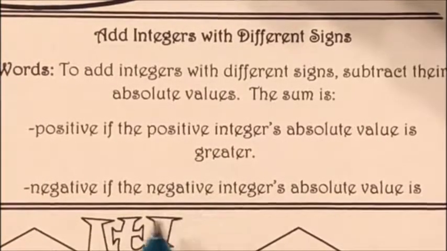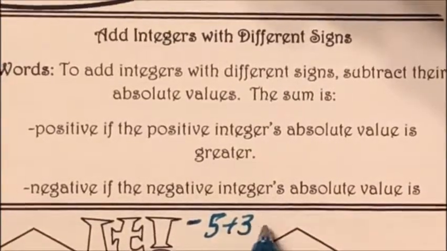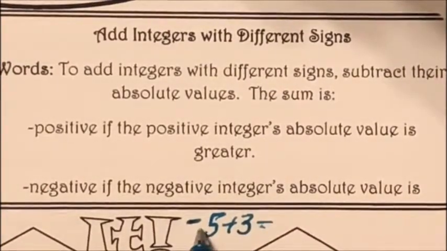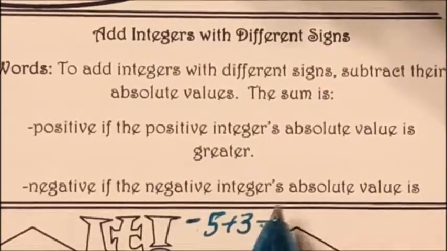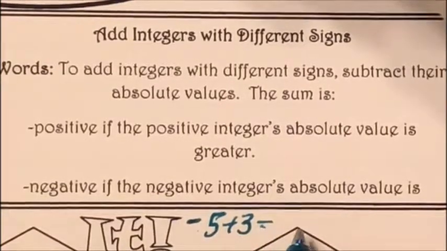So an example of this would be negative 5 plus 3. Well, they have different signs. I have a minus sign and a positive. So I subtract them. 5 minus 3 gives me 2. 5 is the bigger number, so my answer is negative.